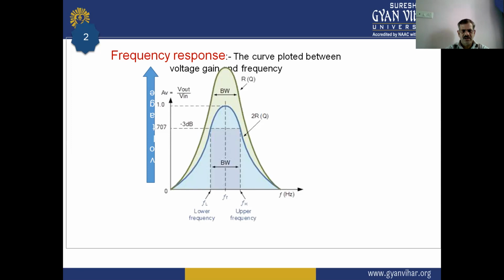Suppose here f_r is the resonant frequency, f_H is the upper high frequency and f_L is the lower frequency. So we can find the bandwidth with the help of these upper and lower frequencies. Bandwidth equals f_H minus f_L. That is the bandwidth of the amplifier.